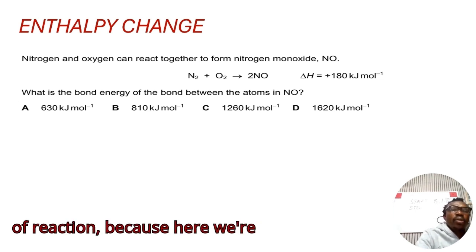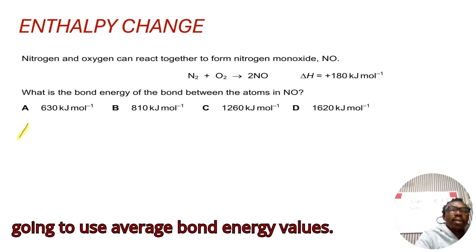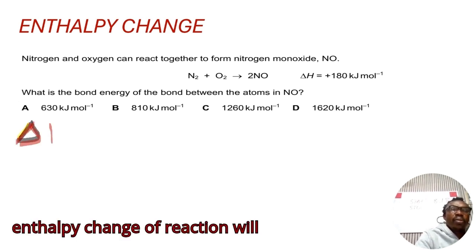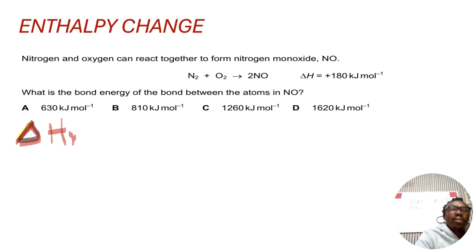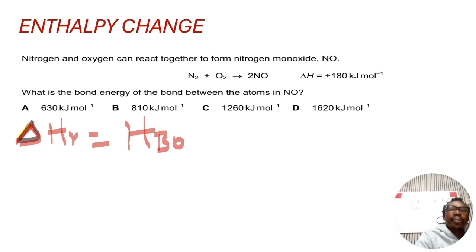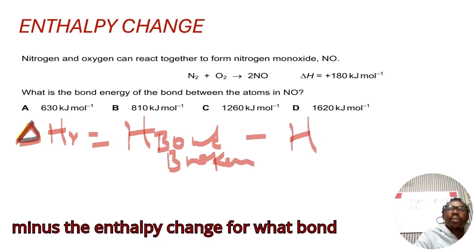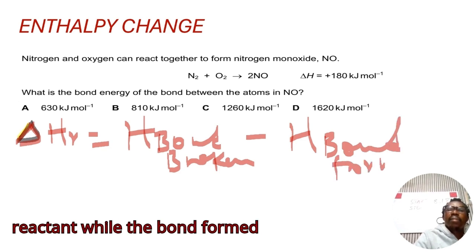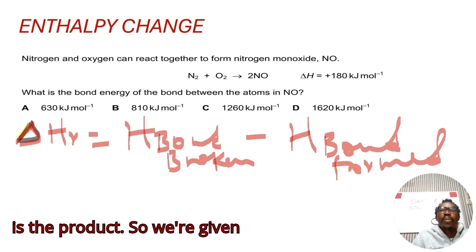Here we're going to use average bond energy values. The enthalpy change of reaction will be equal to the enthalpy change for bonds broken minus the enthalpy change for bonds formed. The bonds broken are in the reactants, while the bonds formed are in the products.